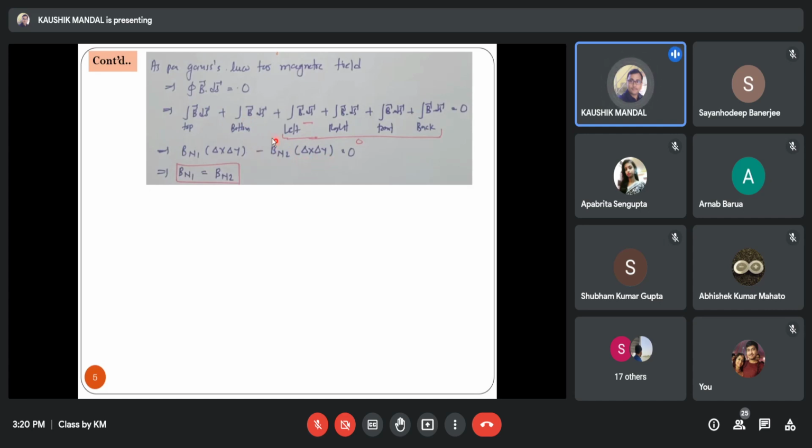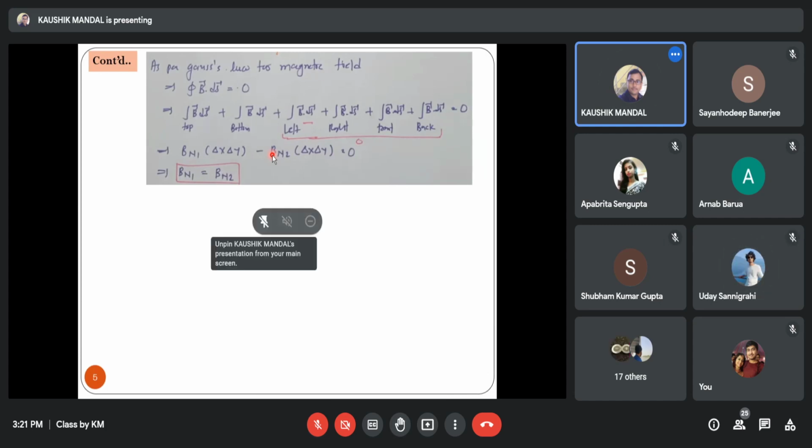Why is this negative sign being considered? Tell me why this negative sign is considered. See, in the case of the top surface, Bn1 is leaving the surface.